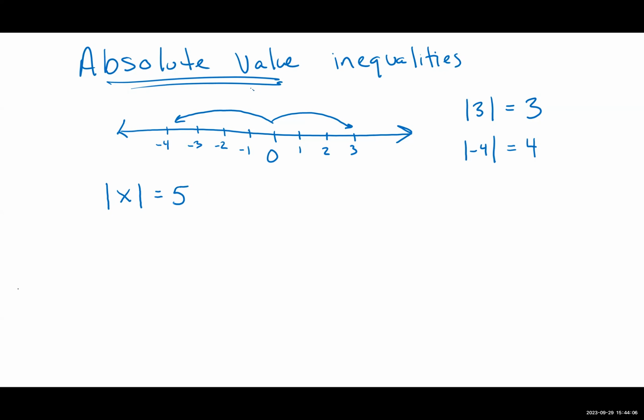What we're trying to do here, and what this is saying, this is written in the language of mathematics, but if I translate this to English, I would say to solve this equation means to find all numbers that are a distance of 5 units from 0. And there's 2 of them.